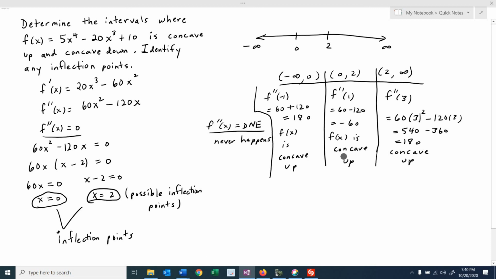There were possible inflection points, and further investigation under the sign chart shows that they would not have been inflection points. But that's not what happened. Under further investigation, the sign chart reveals that these actually are inflection points because it changes concavity at both of those points.